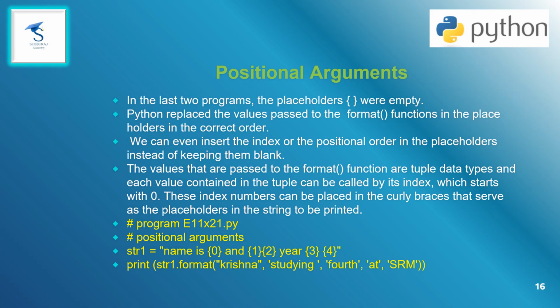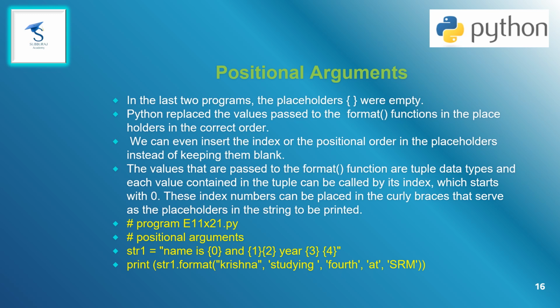In the last two programs, the placeholders were empty. You remember the previous one, the placeholder was empty. We substituted it when the program was executed. Python replaces the values passed to the format function into the placeholders in the correct order, right? Otherwise, you would have got a mistake. We can even insert the index or positional order in the placeholders.